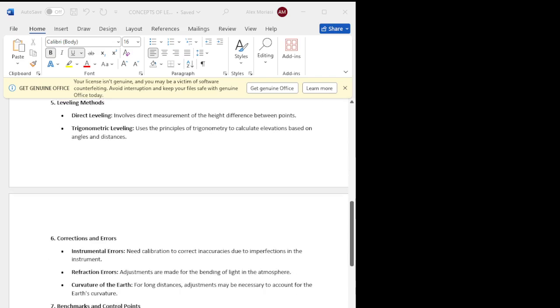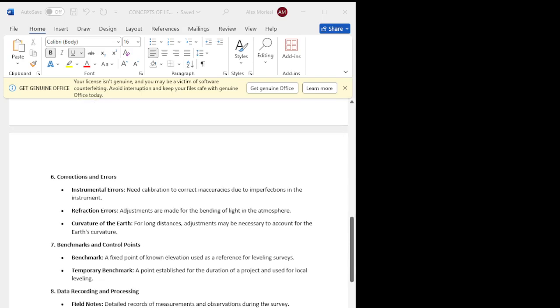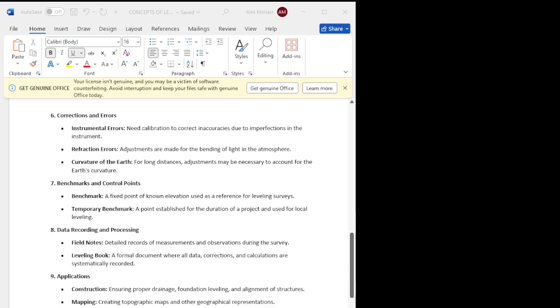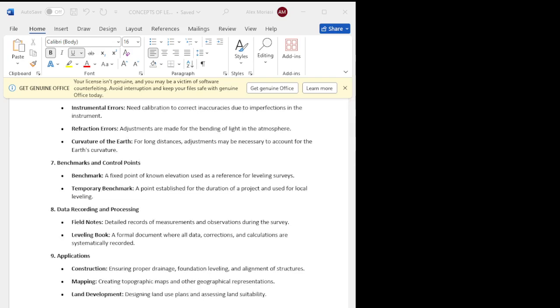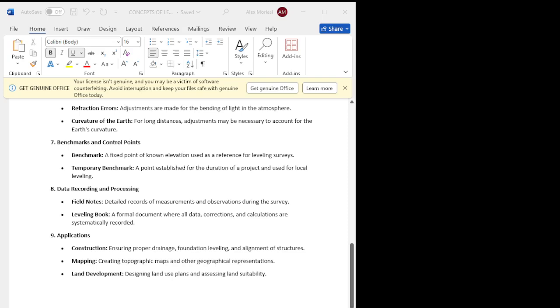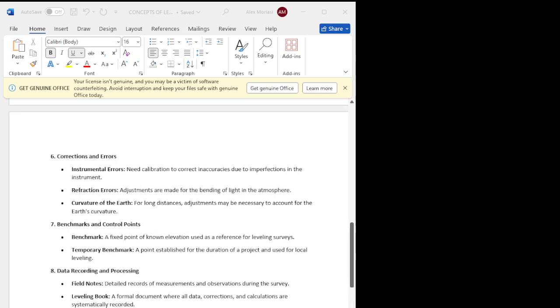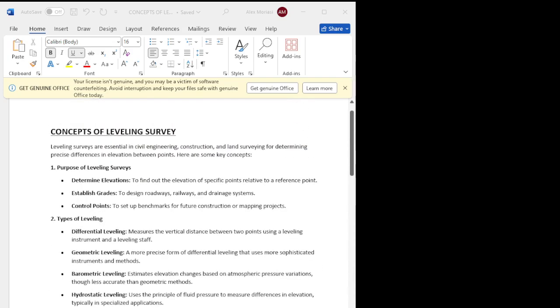Number six, we have correction and errors. Number seven, we have benchmark and control points. Number eight, we have data recording and processing. And lastly, we have application of the survey. To start with, we have different and extra purposes of leveling survey.